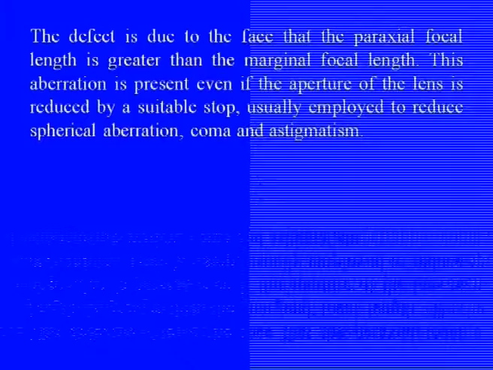It is due to the fact that the paraxial focal length is greater than the marginal focal length. Marginal focal length means the focal length for the marginal rays. This aberration is present even if the aperture of the lens is reduced by a suitable stop, usually employed to reduce spherical aberration and astigmatism.